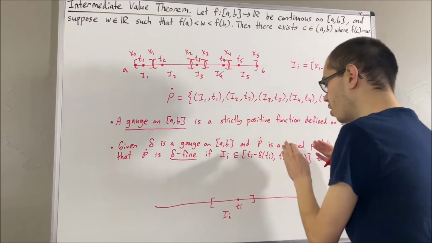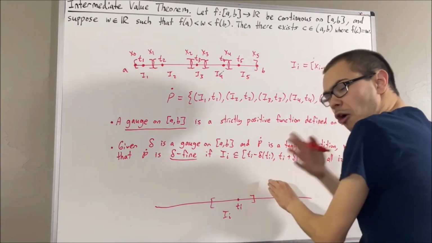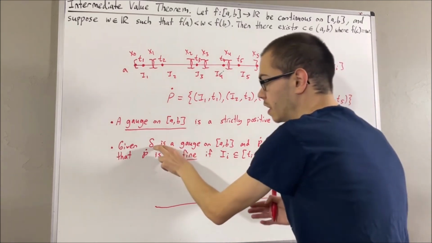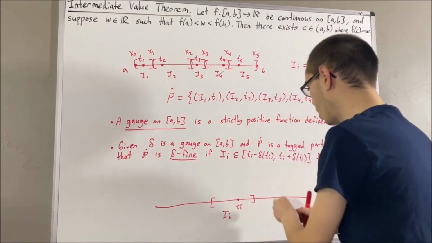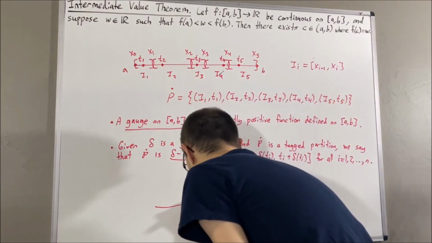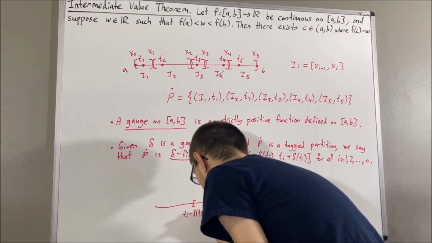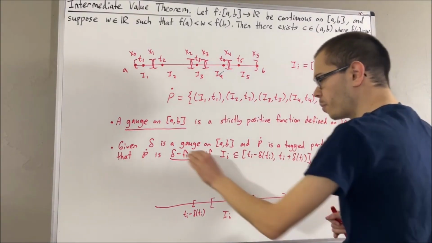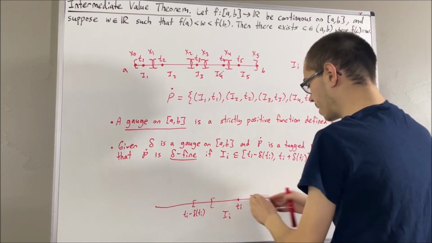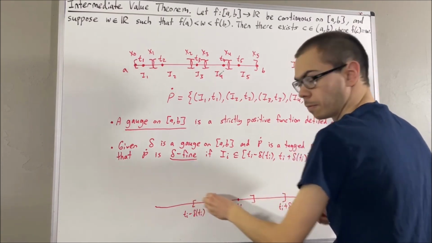Or in other words, its radius is precisely the output value when you send a tag ti into the gauge function. So this interval might look something like this. And so for P to be delta fine, we need each subinterval to be a subset of this interval.